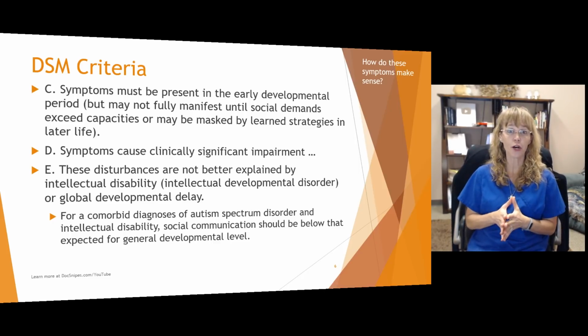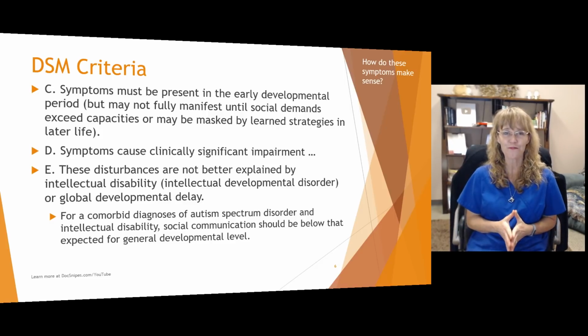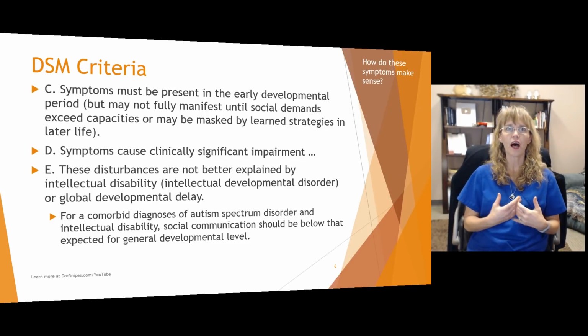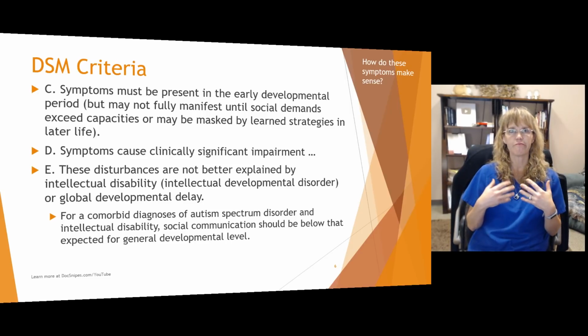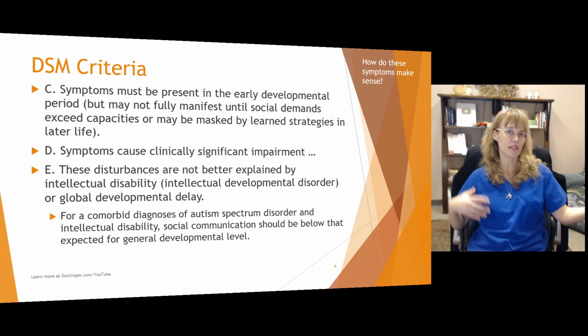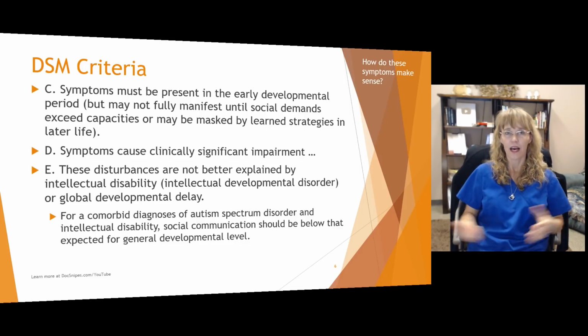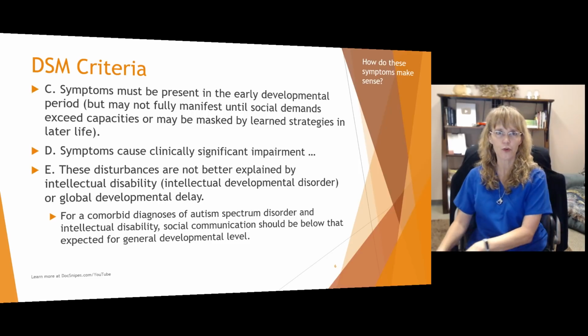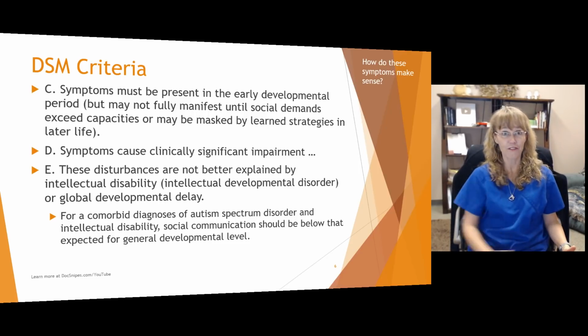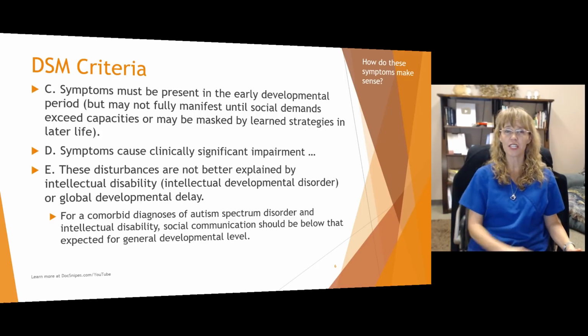These symptoms are known to cause clinically significant impairment for the individual, and that's important in all of our diagnoses because a lot of people have various symptoms of various things occasionally. And it may be something that's very transitory. With autism spectrum disorder, it's something that is pervasive across multiple situations, and it's permanent.